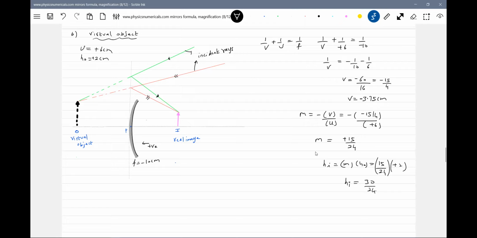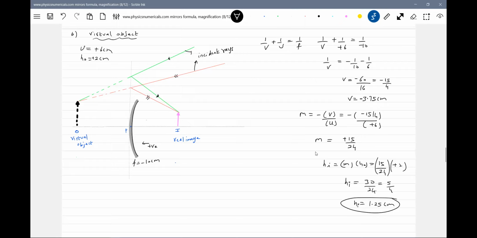Yeah, this will be the height of the image. So this will be less than 2 centimeters, 30 by 24. Can I simplify this one? Yeah, so 6 by 3 by 2, that is 5 by 4. So look at the height of the image: less than 2 centimeters, so it will be diminished here.